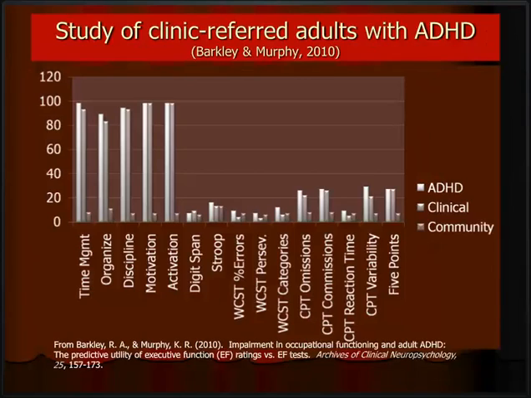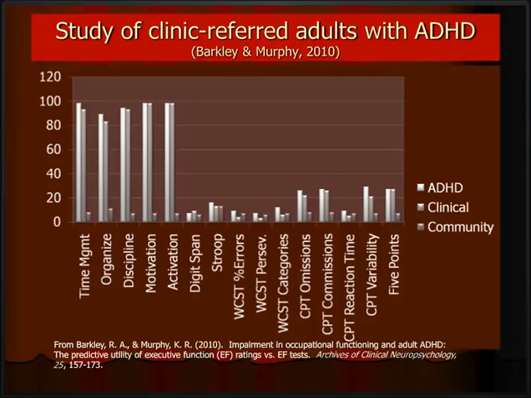Here's the result of one of my studies done with 3 groups of adults. The first group of adults is a large sample, indeed about 149 adults diagnosed with ADHD seen in an adult ADHD clinic.